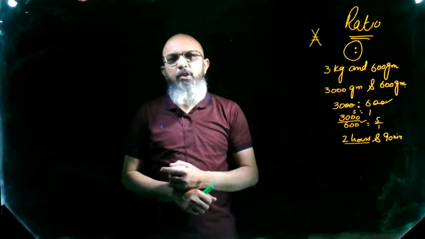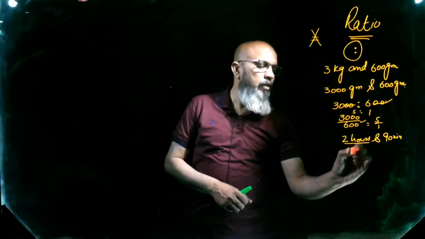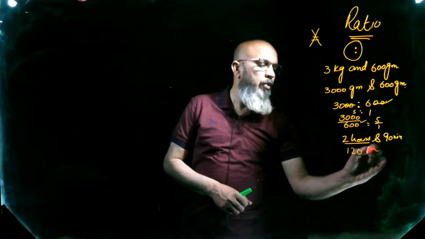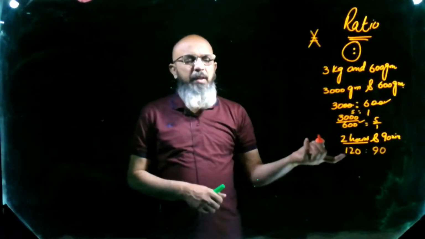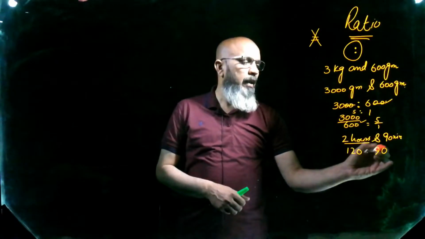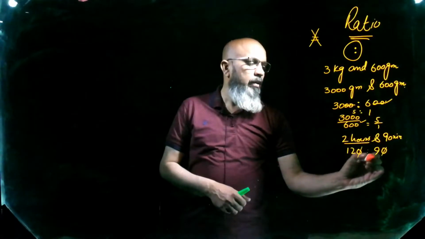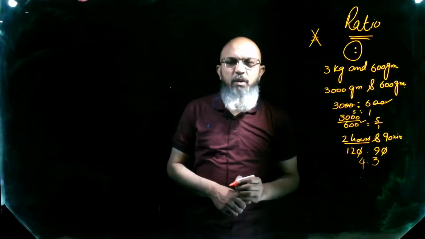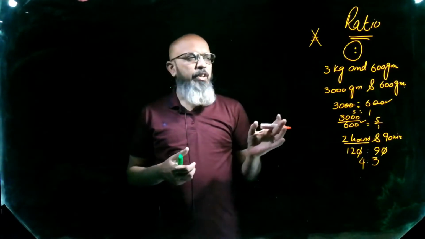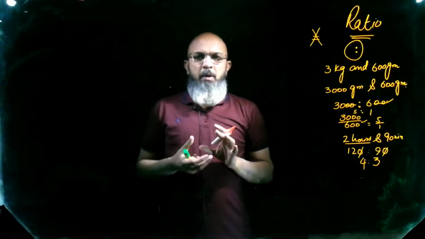And in 2 hours? That is 120. So it means 120 ratio 90. Now you can simplify this on the same table, 0 cancels with 0, and at the table of 3, that is 3 ratio 4. Such kinds of questions we did in exercise 9a.